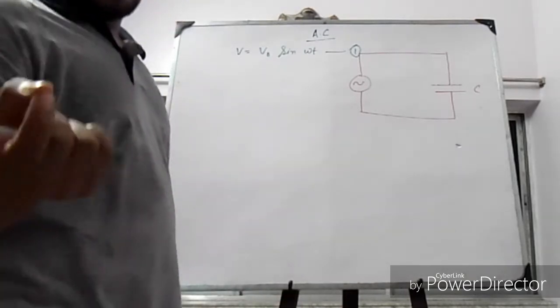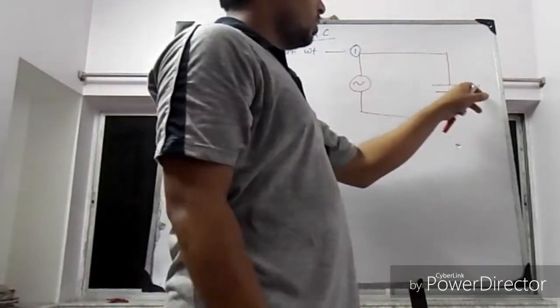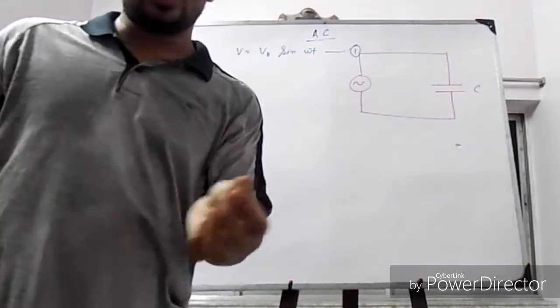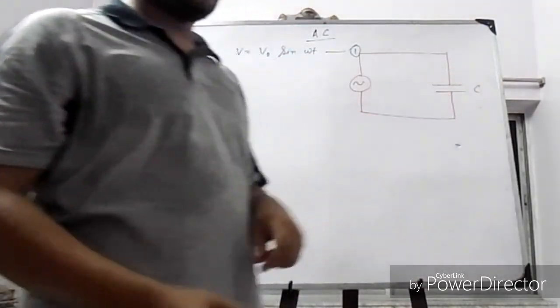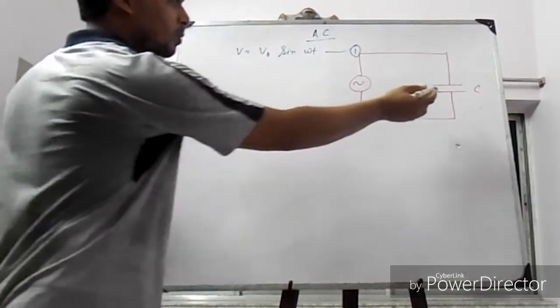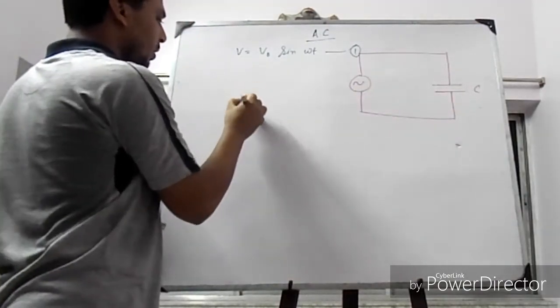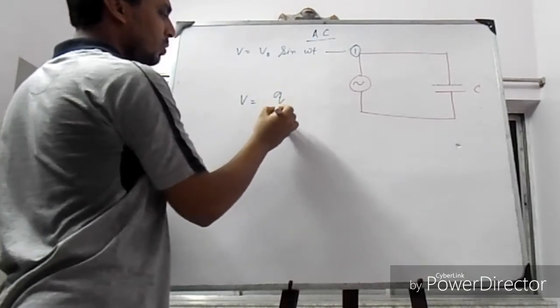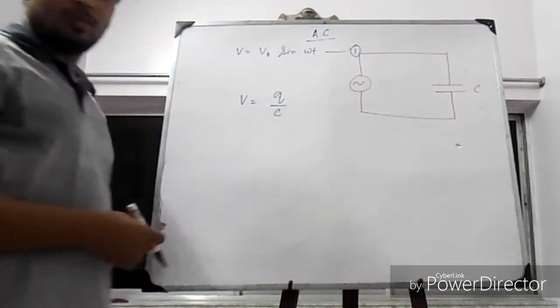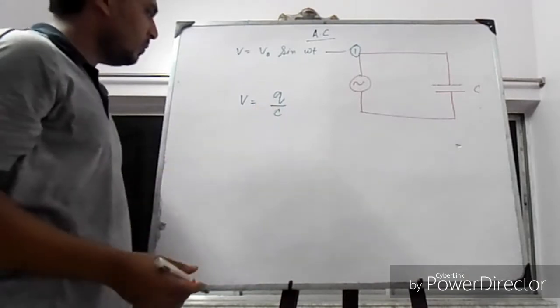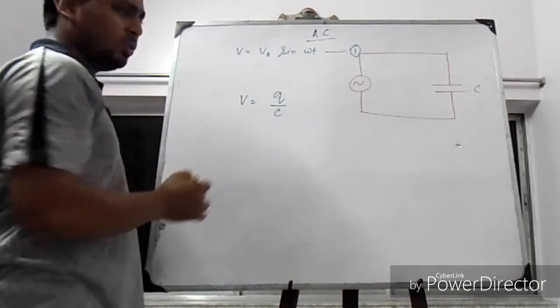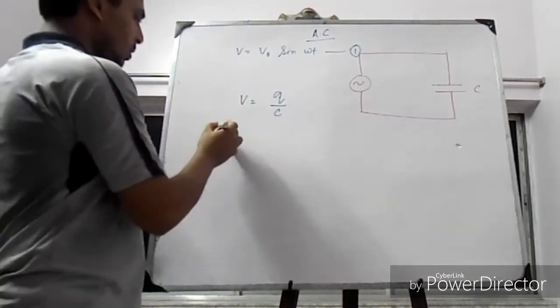Let Q be the instantaneous charge stored in the capacitor, that is the charge stored at any time in the plate of the capacitor. So what is the potential difference, the voltage across the capacitor at that time? It is V equal to Q by C. This is the instantaneous EMF equation.